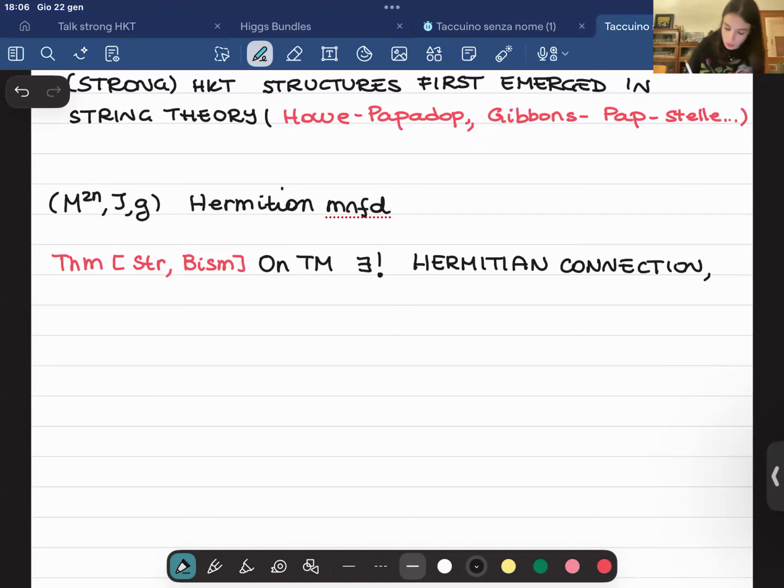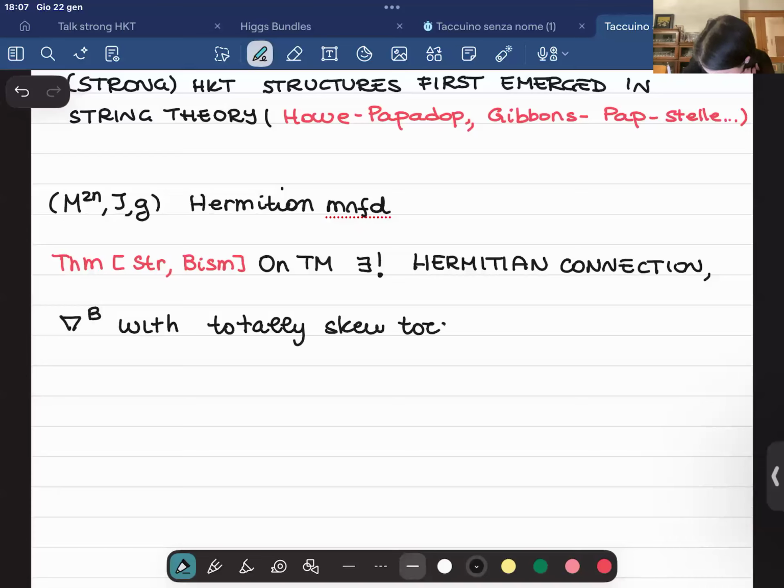So there is a unique Hermitian connection, nabla^B, with totally skew torsion. By Hermitian connection, I mean a connection that preserves the Hermitian structure, in the sense that I'm asking that nabla^B J = nabla^B g = 0.